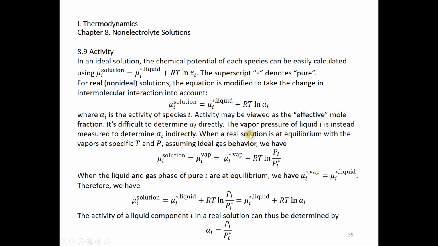When a real solution is at equilibrium with the vapors at a given temperature and pressure, if we can assume ideal gas behavior of the vapors, then we have this equation. First, at equilibrium, the species i in the solution and the species i in the gas phase have the same chemical potential.